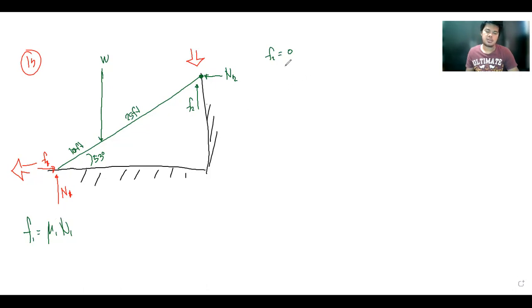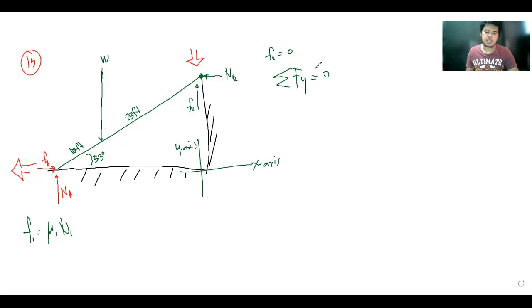So, summation of forces. We do say summation of forces along y is equal to 0. Let's say this would be our x-axis, and this would be the y-axis.